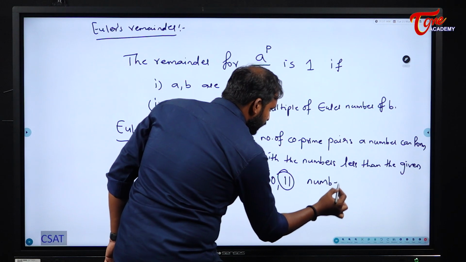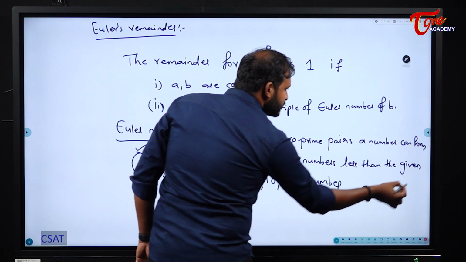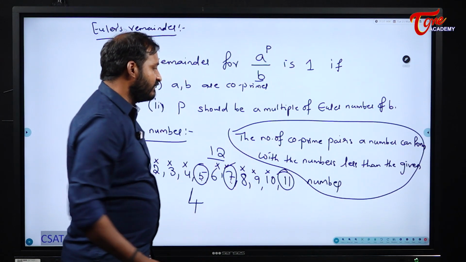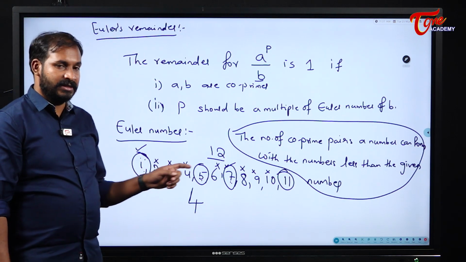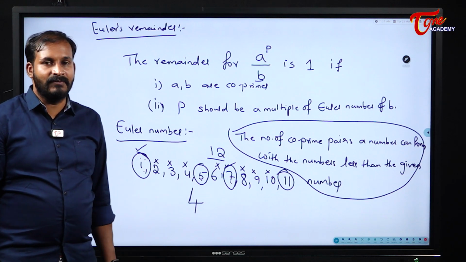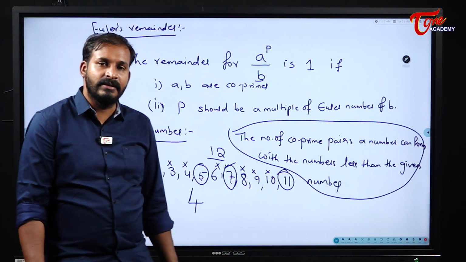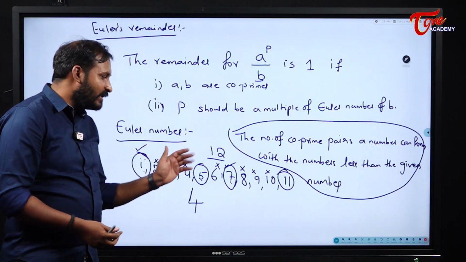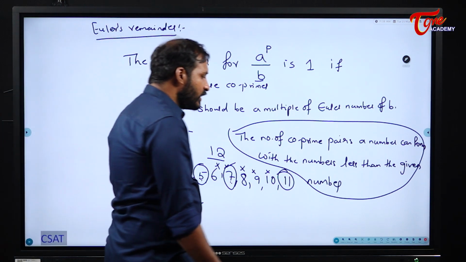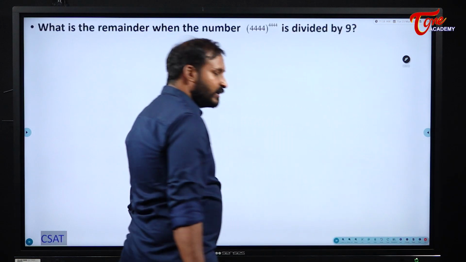So we need to find the number of co-prime pairs with the numbers less than the given number, and that becomes the Euler number of that given number. That means for 12 the Euler number becomes 4. Understood, students?